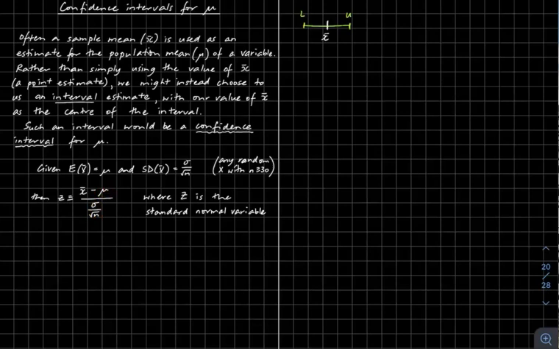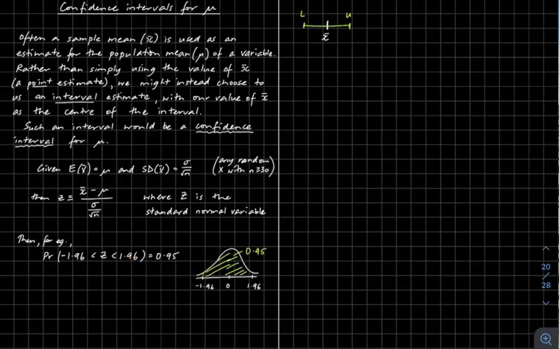So what that does is turn our normal distribution x bar into a standard normal distribution z. And then we know that in every standard normal distribution, 95% of the values of z lie between 1.96 standard deviations below and 1.96 standard deviations above the mean.